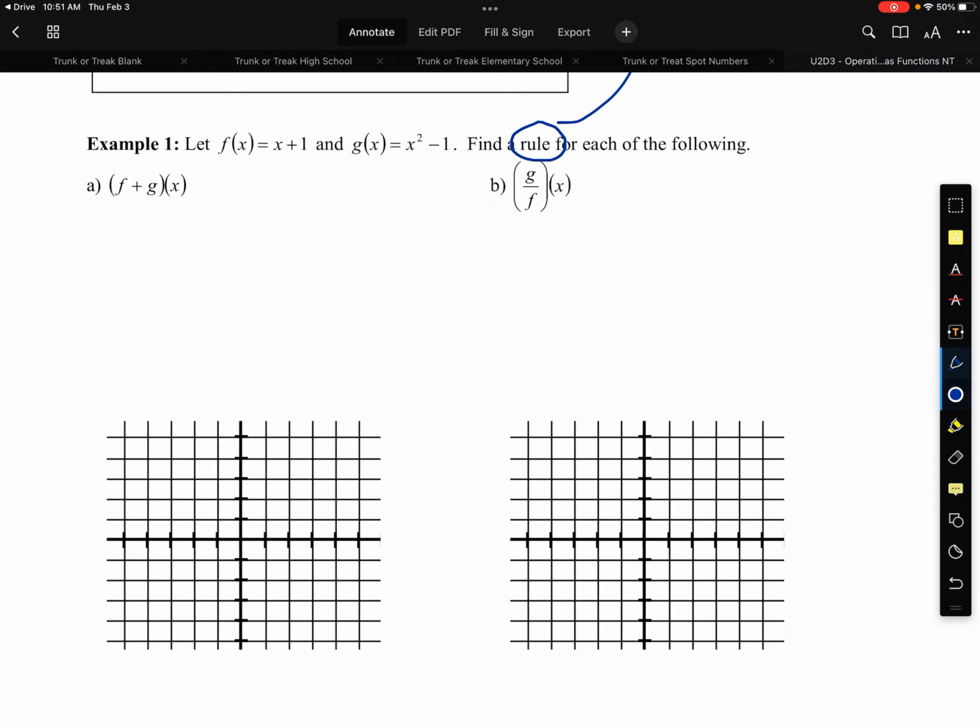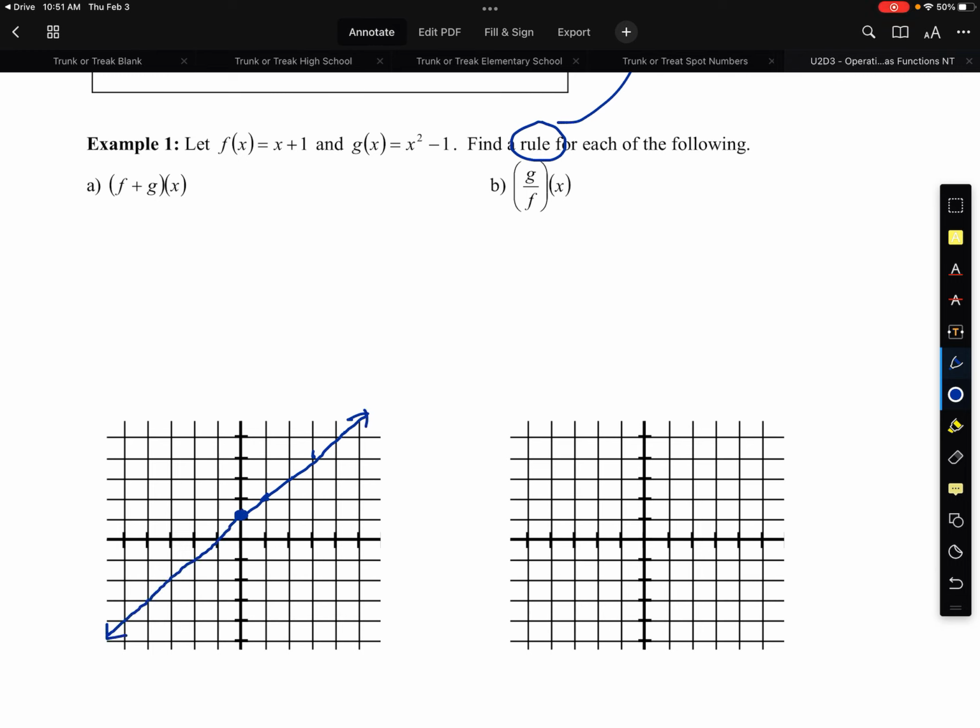So in this first one, I'm going to graph. I got f of x. I got y-intercept at 1, going up 1 over 1, and down 1 over 1. There is my f of x graph. Next, I got my x squared minus 1.